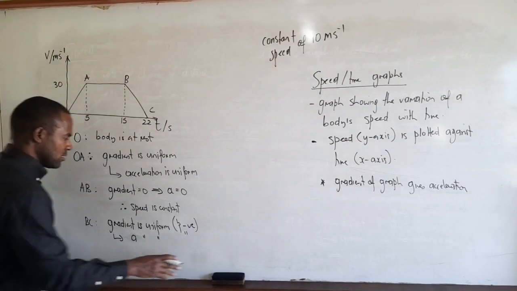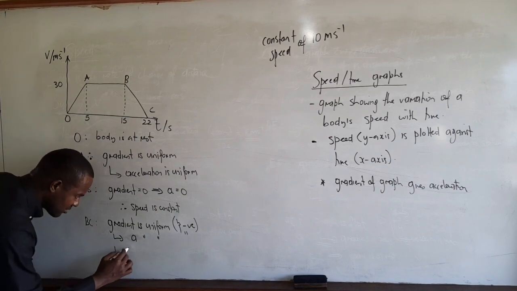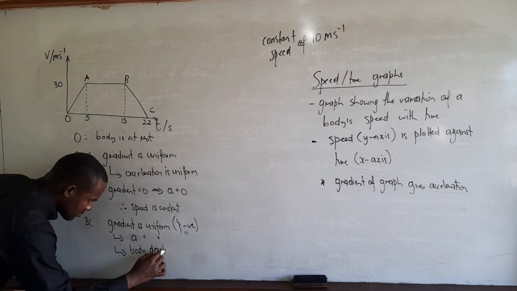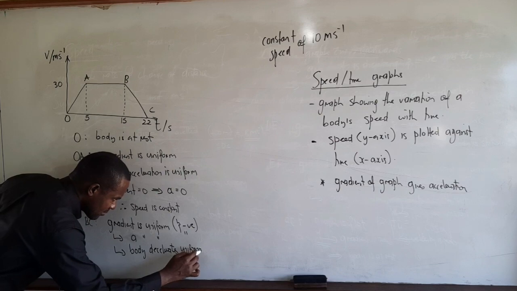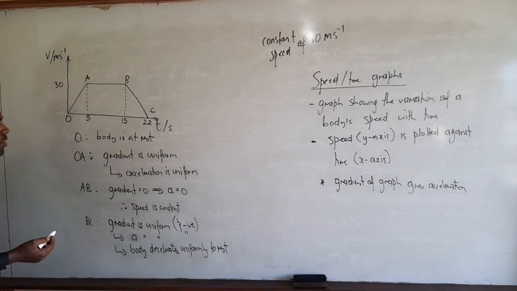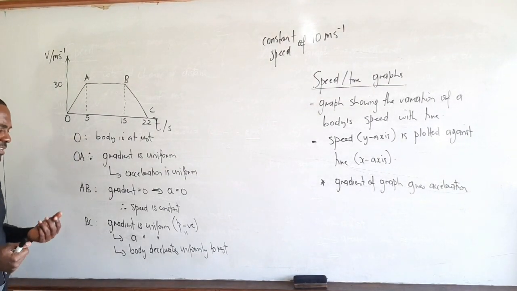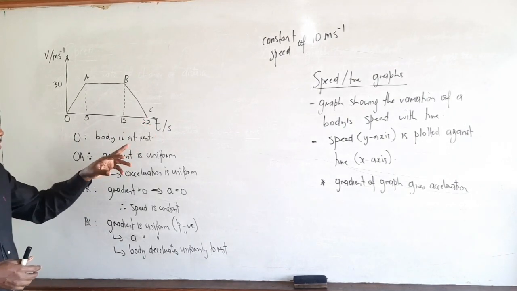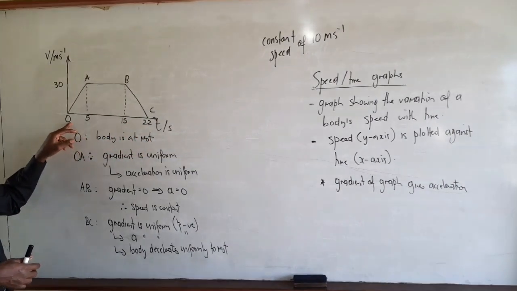So for BC, the gradient is uniform and negative, which means the body decelerates uniformly to rest. The body comes to rest at C, 22 seconds after it started its motion at O.